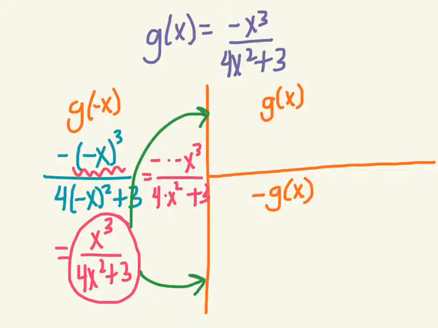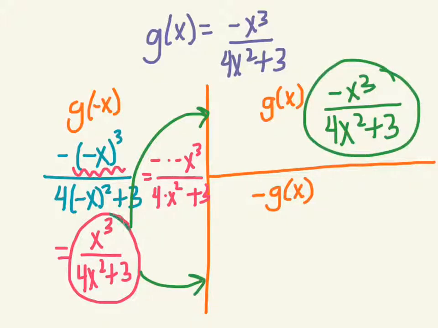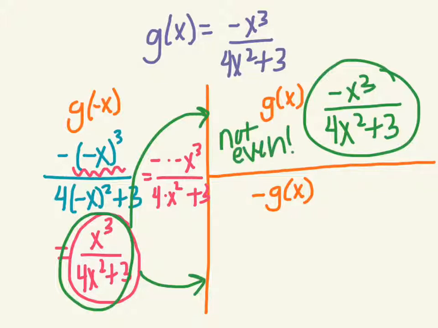So in this first box, up on the right hand side, we just recopy the original function. So we're looking at the original compared to what we have over here when we plugged in negative x. Since these do not match, it's not even. So we need to continue the test to see if it is going to be odd.